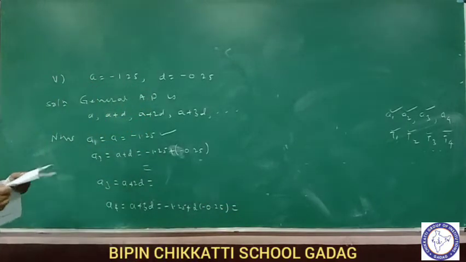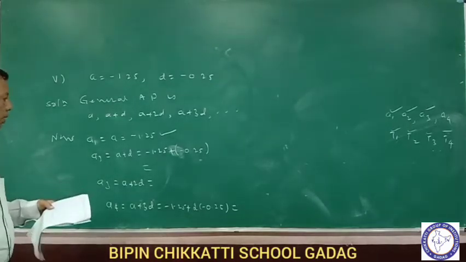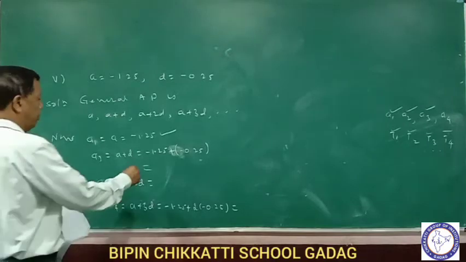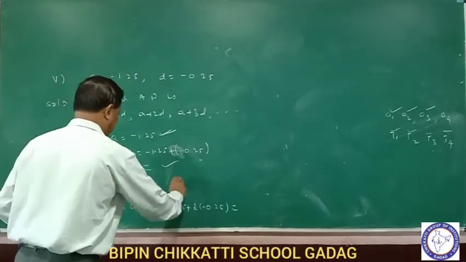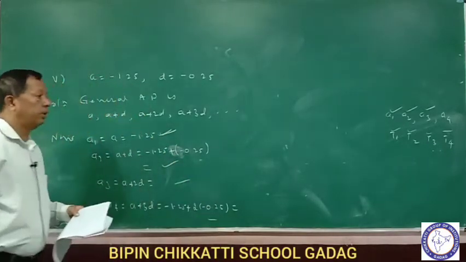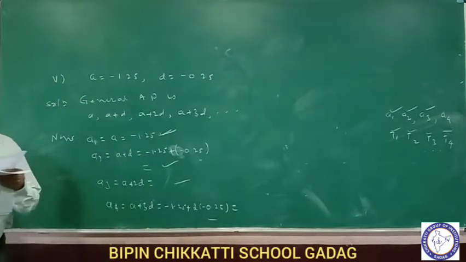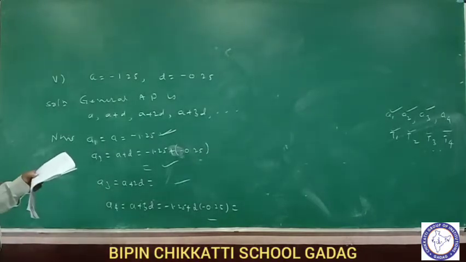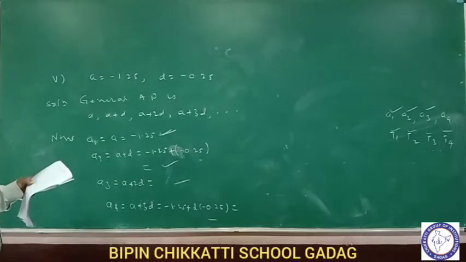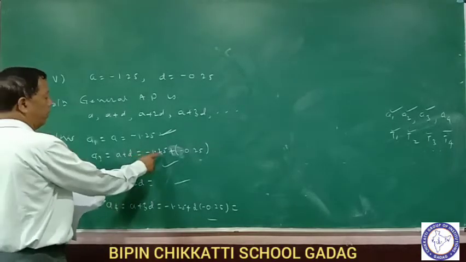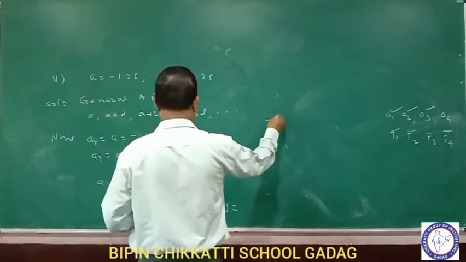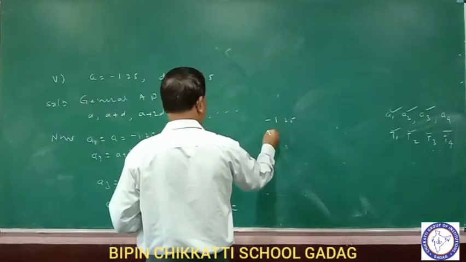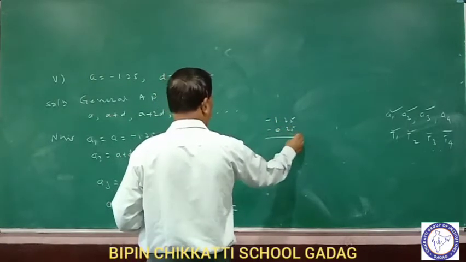So here you have to see the result when you are finding this 3 into, and you have to simplify the result. What we find here, here and here, all are the terms of an AP, and accordingly you can see the result. So A plus D is nothing but minus 1.25, you can add it, minus 1.25 and minus 0.25, and what is the result here?